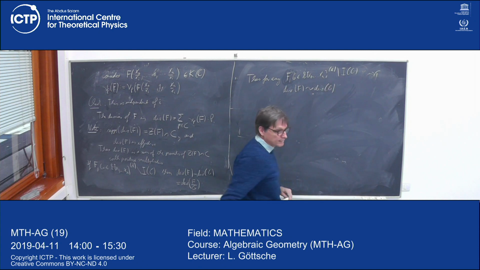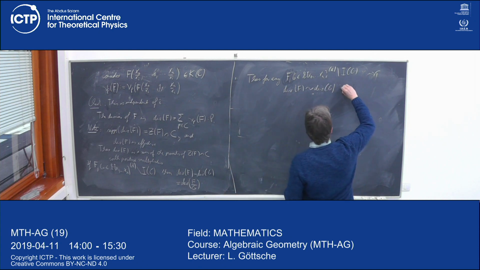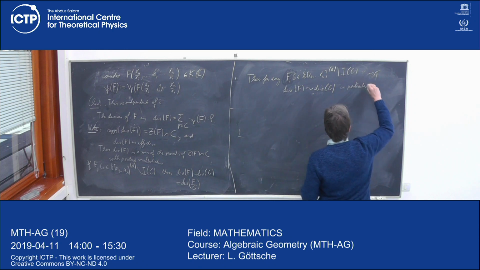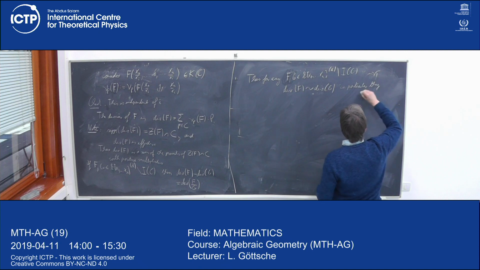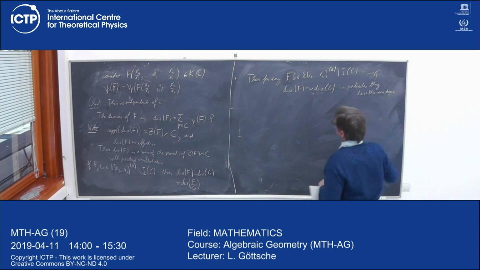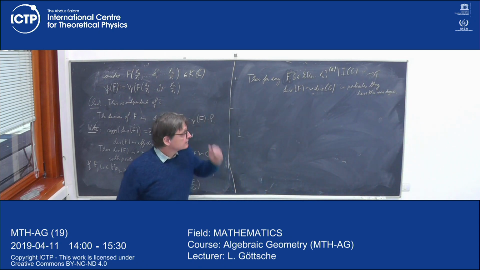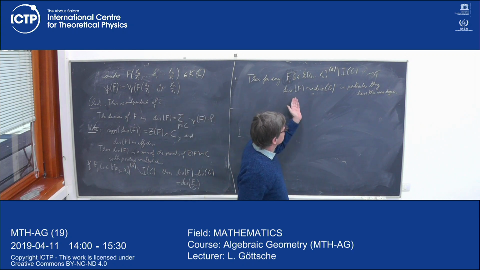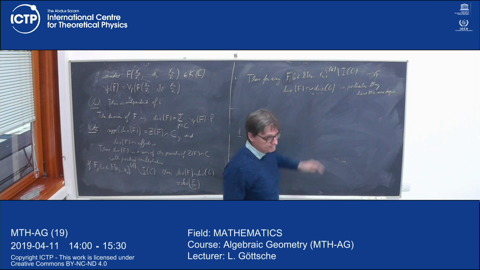In particular, they have the same degree, because we have seen that linearly equivalent means that the difference is a principal divisor. The principal divisor has degree 0. So if two things are linearly equivalent, they have the same degree.